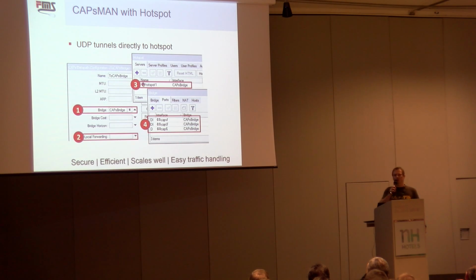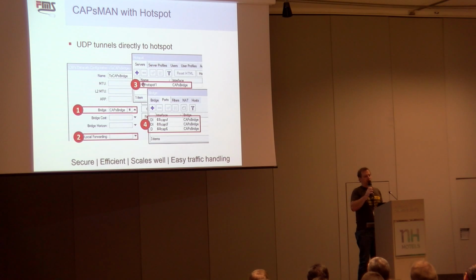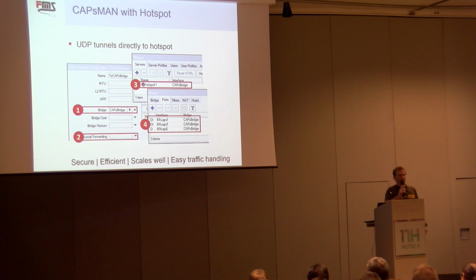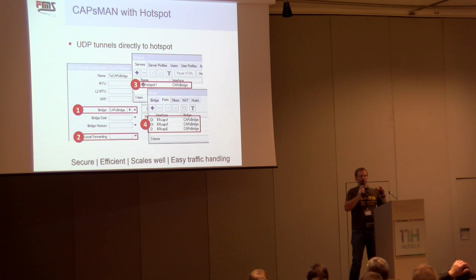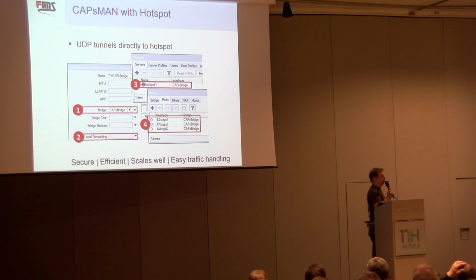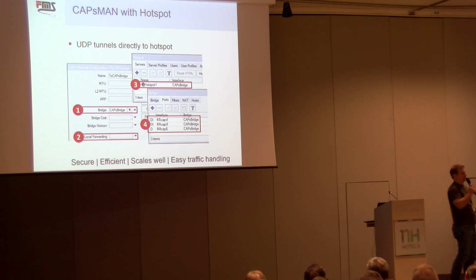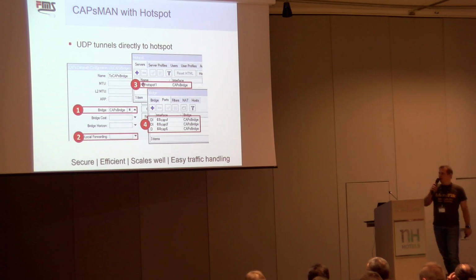And in figure 4, you simply see that we do not include any WAN interfaces as parts of that bridge. So that's all there is to do to build the base of a real, potentially huge hotspot network. It's secure, it's efficient, it scales well, and the traffic handling is all done for you. So there's no breakout possibility to the local network.